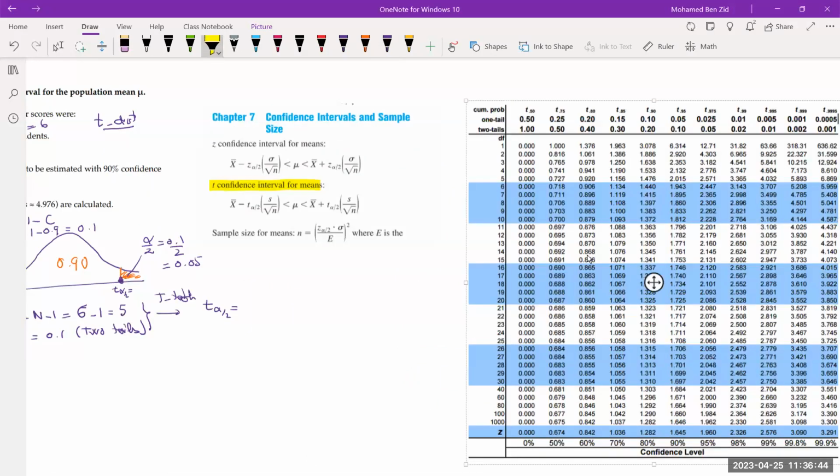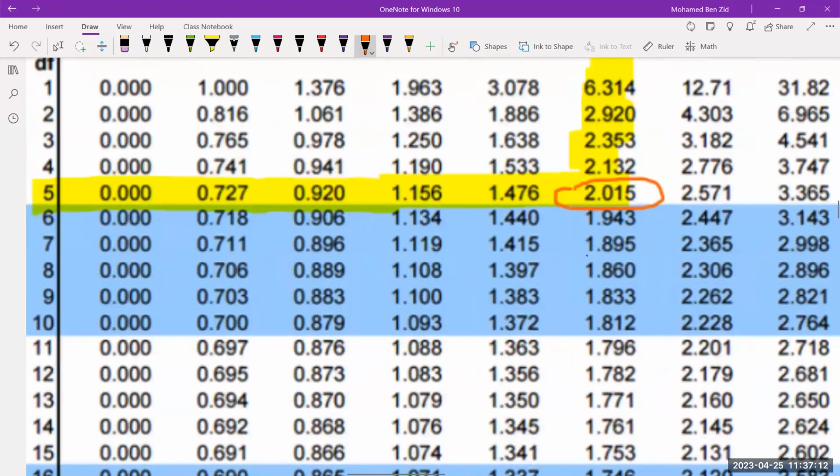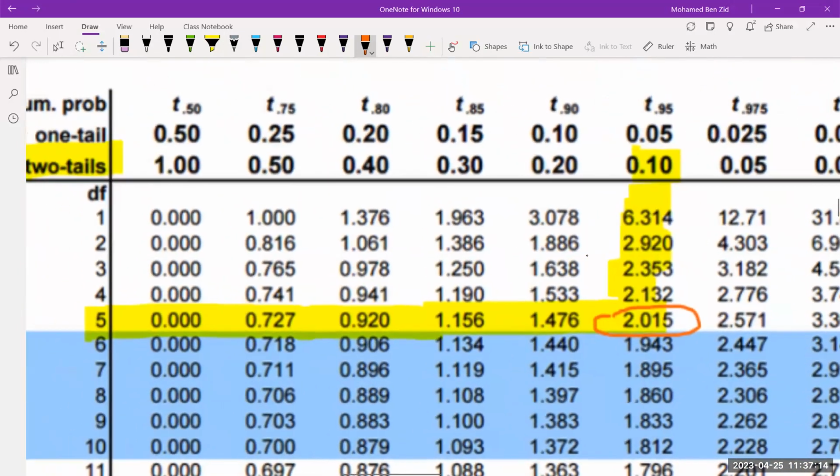All right, so the degree of freedom is 5. I'm going to go to 5 right here. And then I'm going to look for 0.1 for two tails, right? So two tails is right here, and I'm looking for 0.1, and 0.1 will be here. So I'm intersecting this column with this row, and the intersection is this value, which is 2.015.